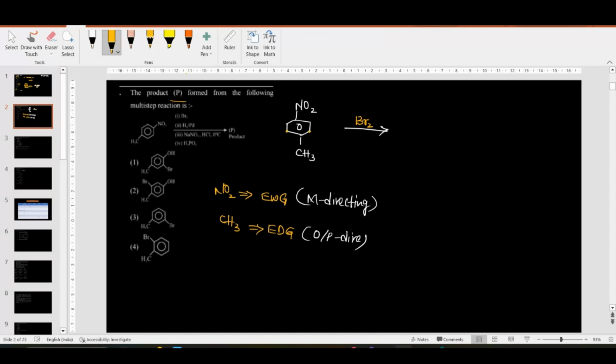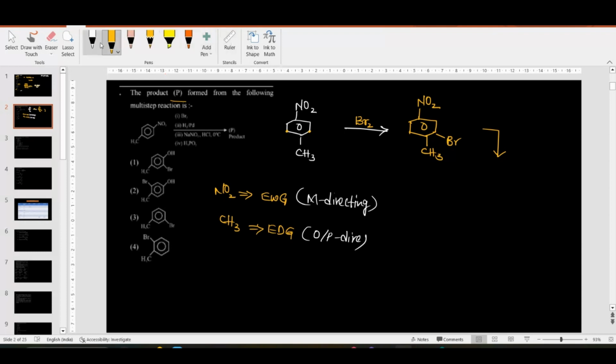If you see here, with respect to this NO2, these two positions are meta positions, so it will attack on this. And with respect to the CH3, these are ortho positions. So we'll get this: NO2, CH3, and here it is Br. Simple. Next they have given this H2/Pd.